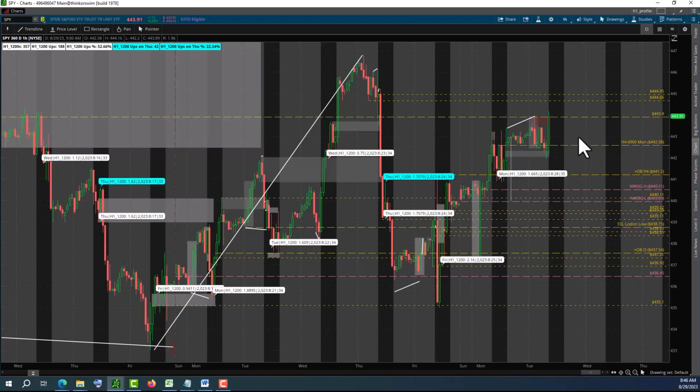Okay, so we see the next destination, or the next draw on liquidity, is going to be this level right there. You see that? This level right here. This will be a bearish breaker, something like that, right here, at 4466. So we anticipate exactly that area.